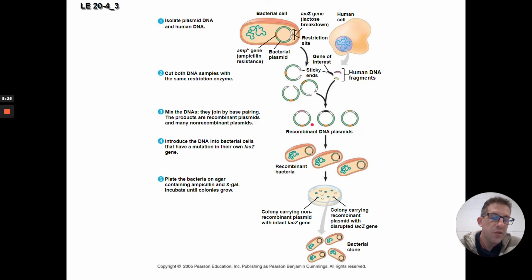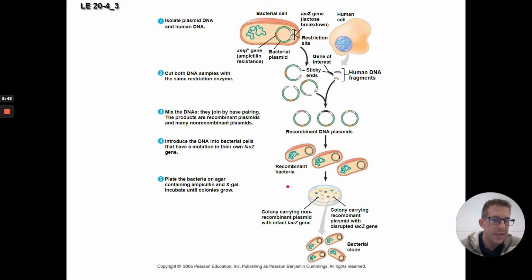And once we get these plasmid DNAs from the bacteria, complete with our little chunks of DNA in there, you see it's pink and black and yellow, we can then transform the bacteria, which means to have the bacteria take these foreign DNAs from the environment into their body, and then we plate them.